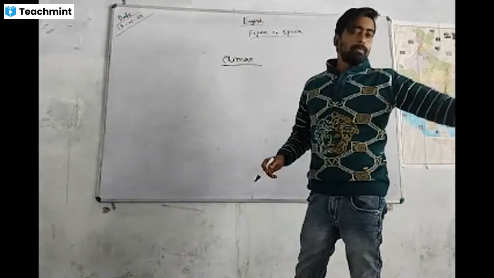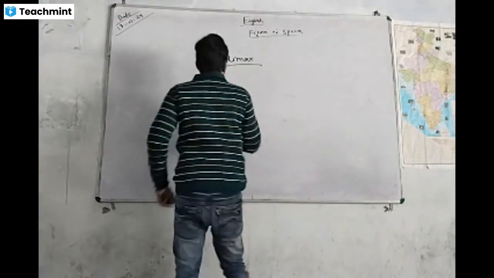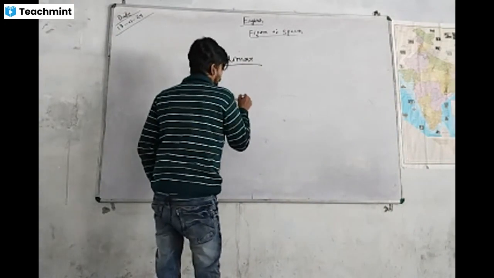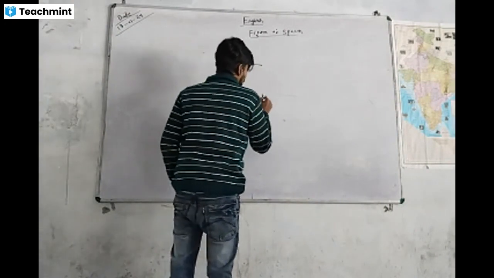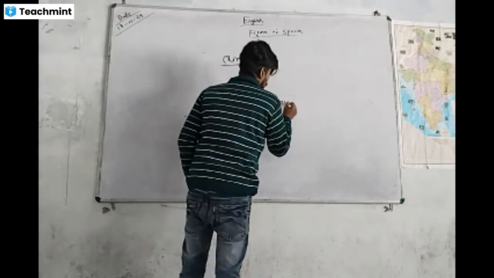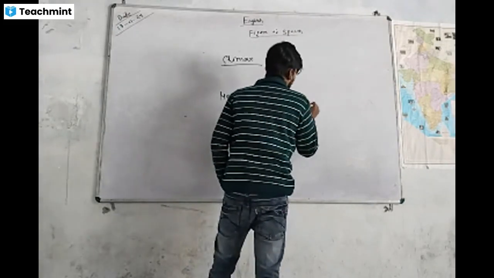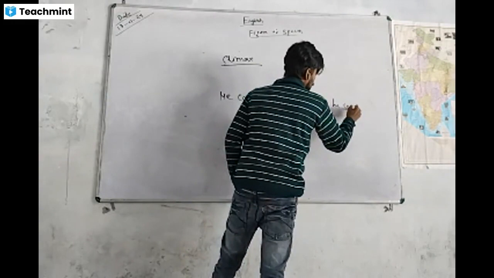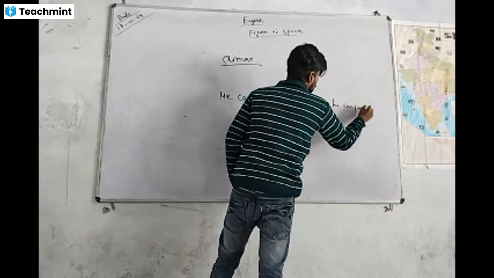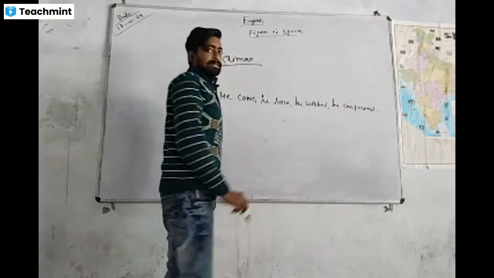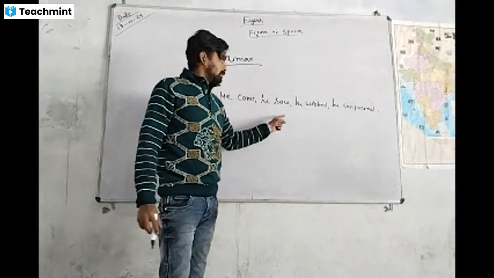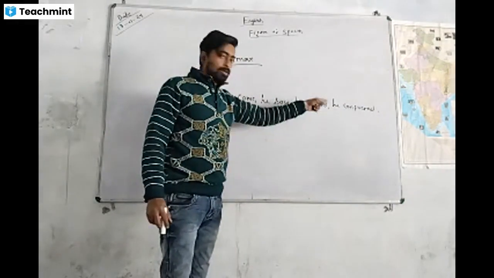All of you have heard this sentence: he came, he saw, he wished, he conquered. Now look at the sentence. He came, he saw, he wished, he conquered.